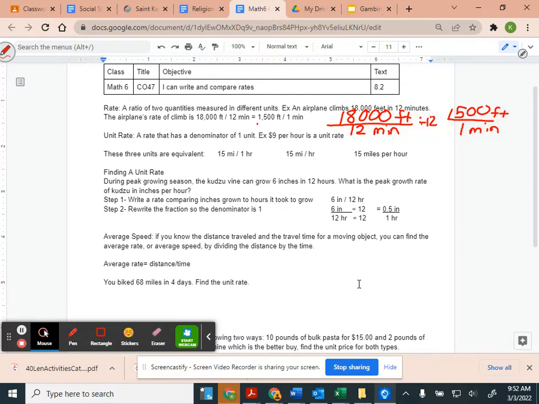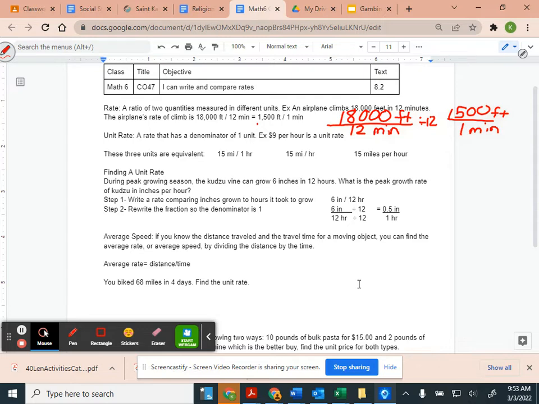So how fast can we go in miles per hour? Speedometers on the car are in miles per hour. So for every 1 hour, you can go this many miles. So if you're going 40 miles per hour, you can go 40 miles in 1 hour. That's how fast you should be going. You don't want to go faster because it's not safe and you could get a ticket.